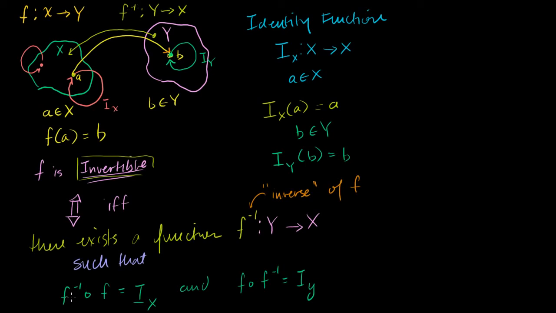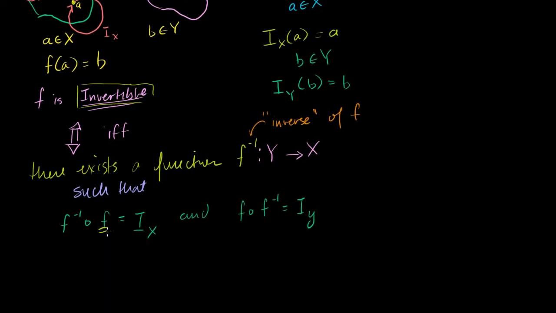But let's see what it's saying. It's saying that the composition of f inverse with f has to be equal to the identity function. So essentially it's saying, if I apply f to some value in x, if you think about what this composition is doing, this guy is going from x to y, and then this guy goes from y to x.